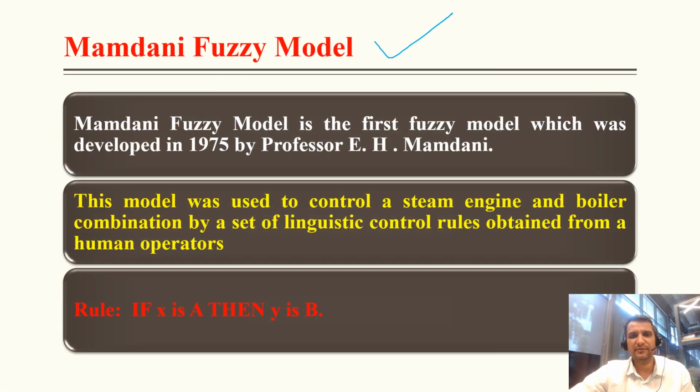So Mamdani fuzzy model was given by Professor E.H. Mamdani in 1965, right? And in this there are some rules, may be single or multiple, and this Mamdani model was first used in steam engine and boiler combinations.